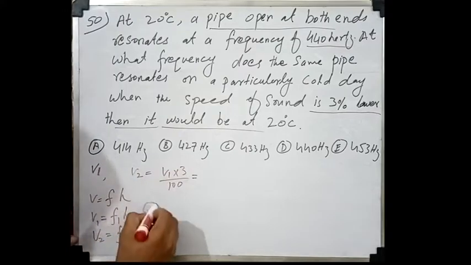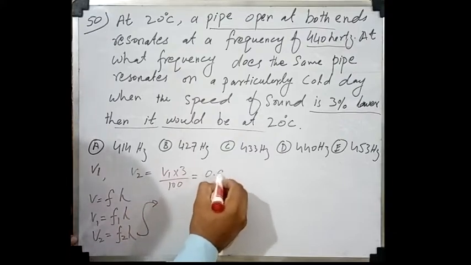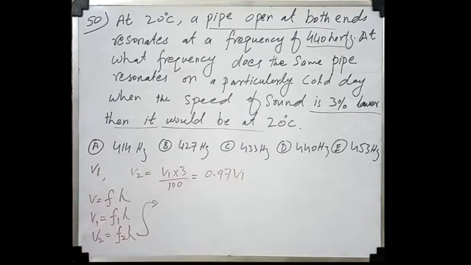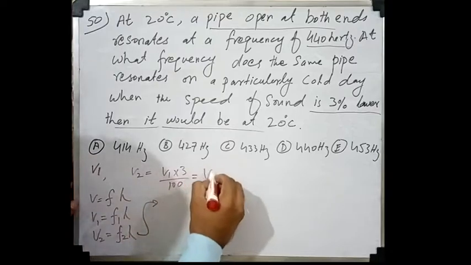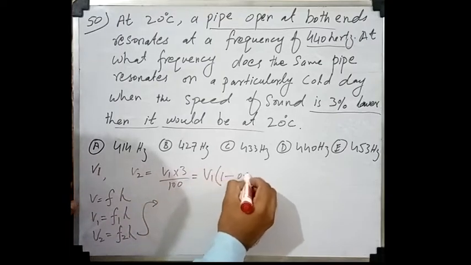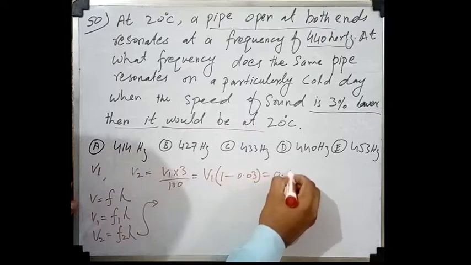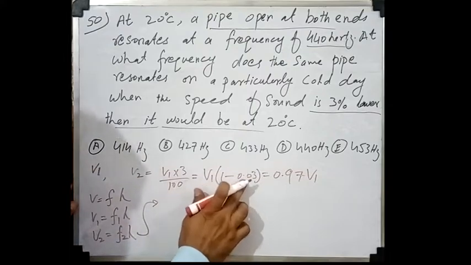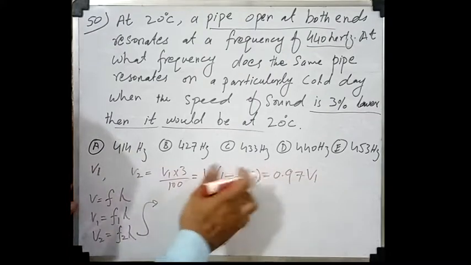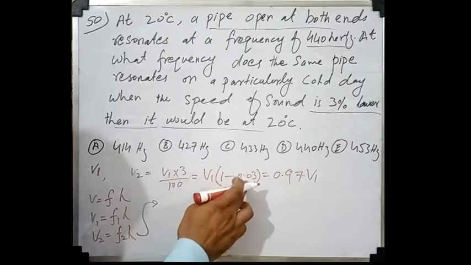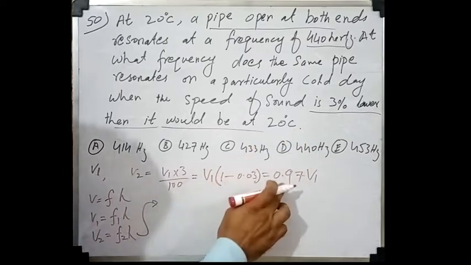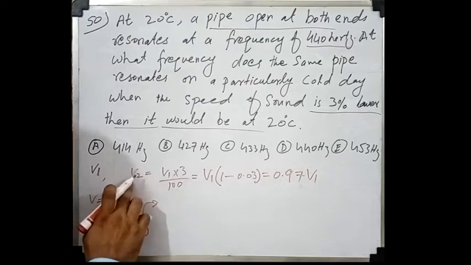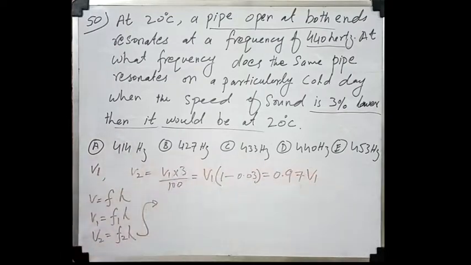So V2 will become 0.97 V1. We can write this as V1 into 1 minus 0.03, because if 1 is the total 100%, then 3% is 0.03. If we subtract this 3% from 1, we get that this speed V2 will be 97% of V1.